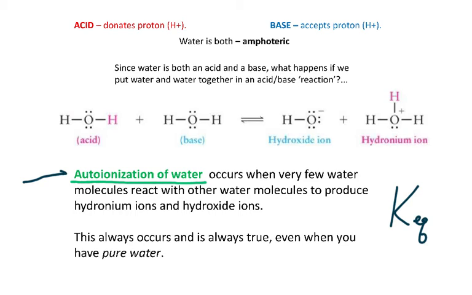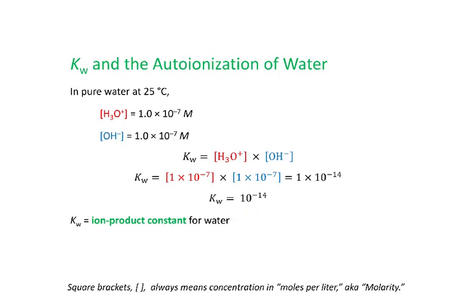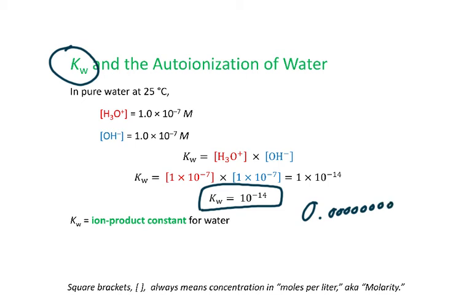And here, water has a special Keq called Kw, and it is equal to 1 times 10 to the negative 14. So that's very small. 1, 2, 3, 4, 5, 6, 7, 8, 9, 10, 11, 12, 13. That's the size of Kw.